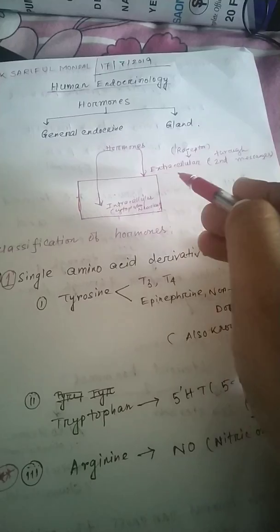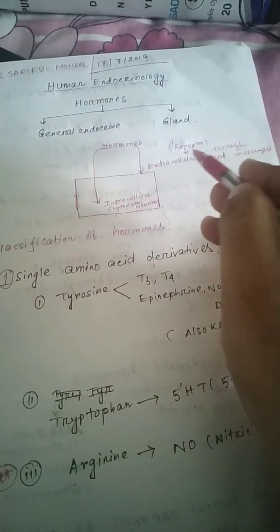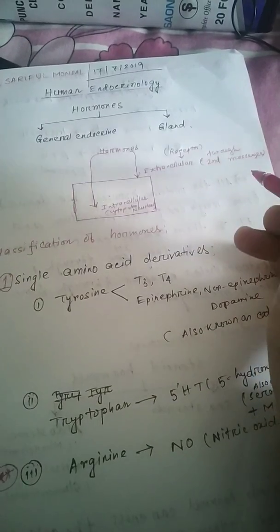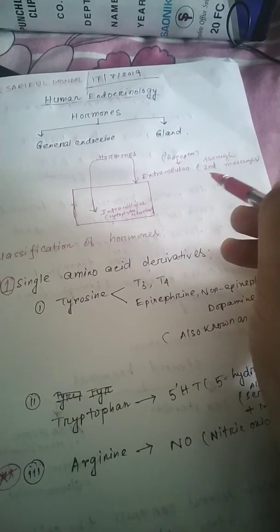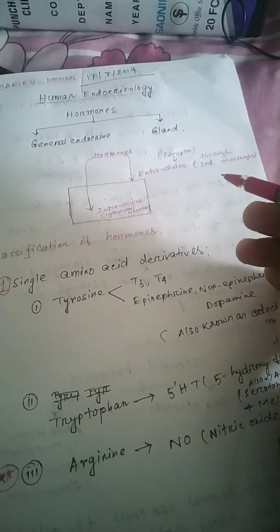The hormones which cannot cross the cell membrane act through receptors known as extracellular receptors, and later act through messengers or chemical reactions. These messengers are known as second messengers.